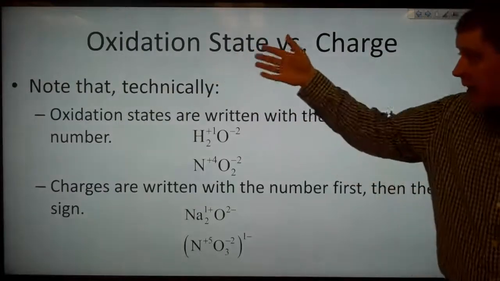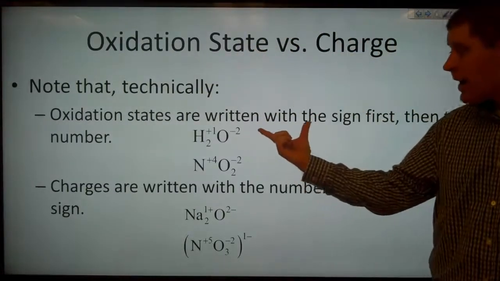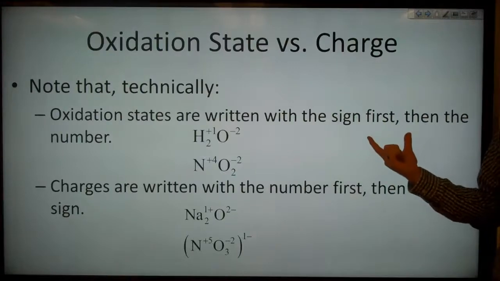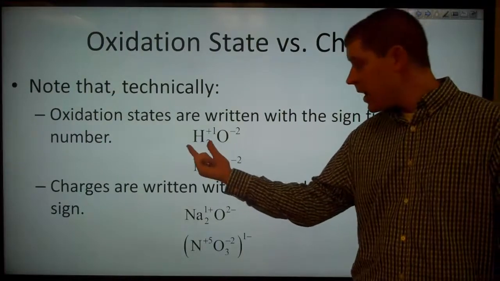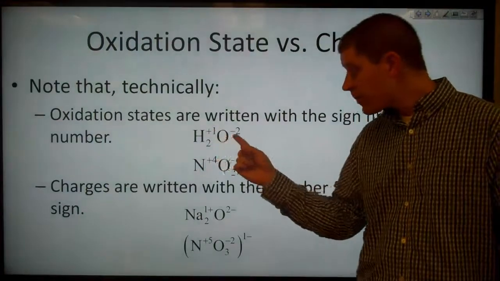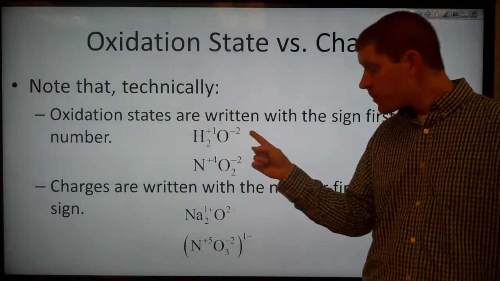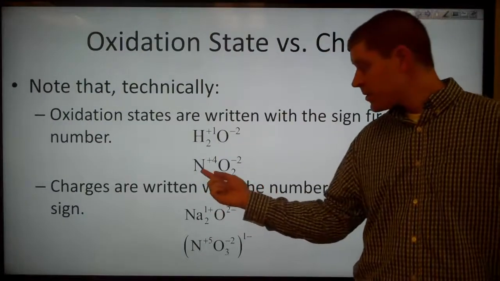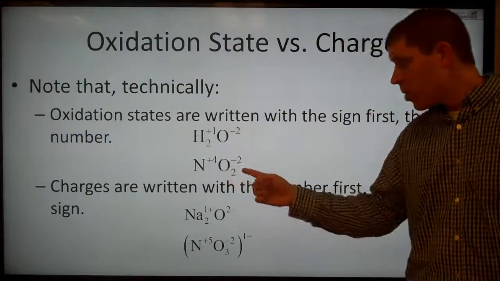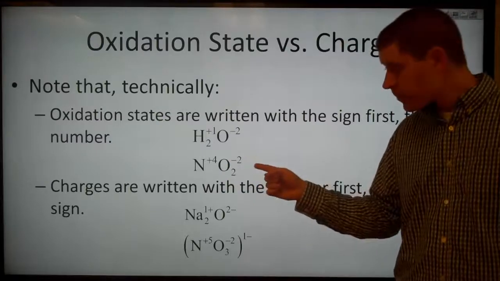So note that technically the oxidation states are written with the sign first and then the number. So in the case of water, it's H2 +1, O -2. And in the case of NO2, it's N +4, O2 -2.